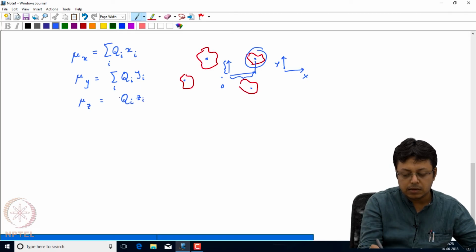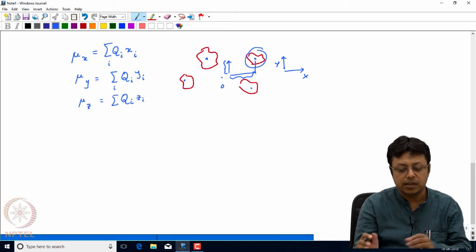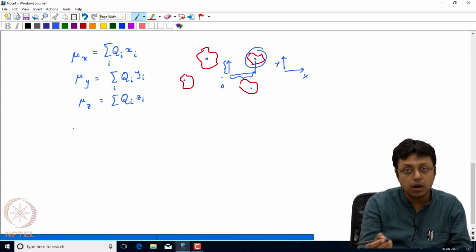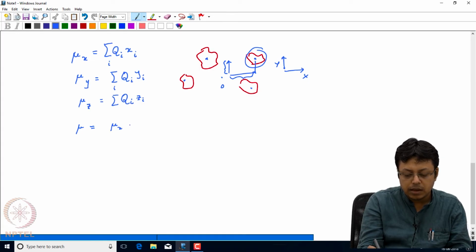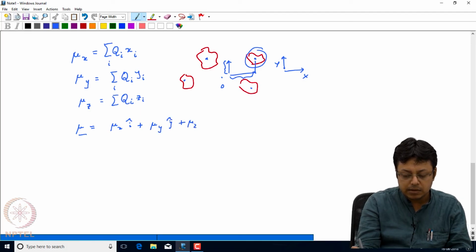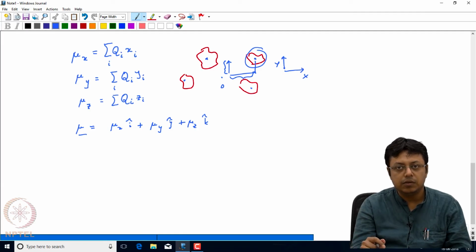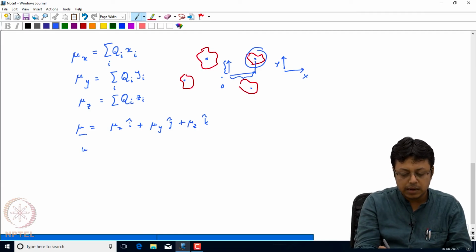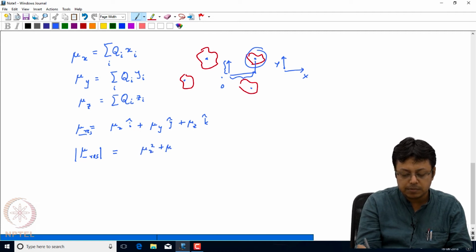Then we can talk about the total overall dipole moment, which is nothing but mu x times i, and since we want the addition of vectors, we also multiply by the unit vectors: plus mu y times j plus mu z times k, where i, j, k are the unit vectors along the x, y and z directions. Or we can get the magnitude of the overall dipole moment as the square root of mu x squared plus mu y squared plus mu z squared.